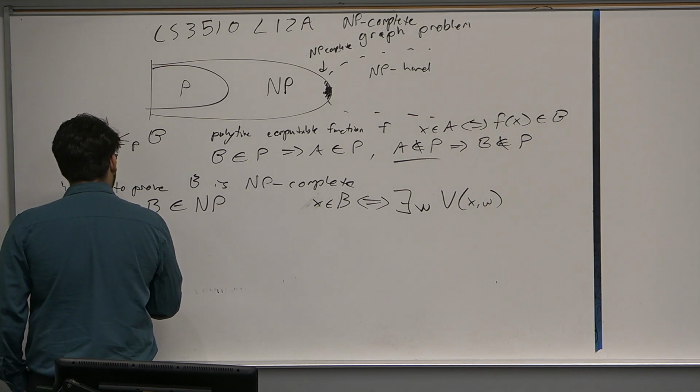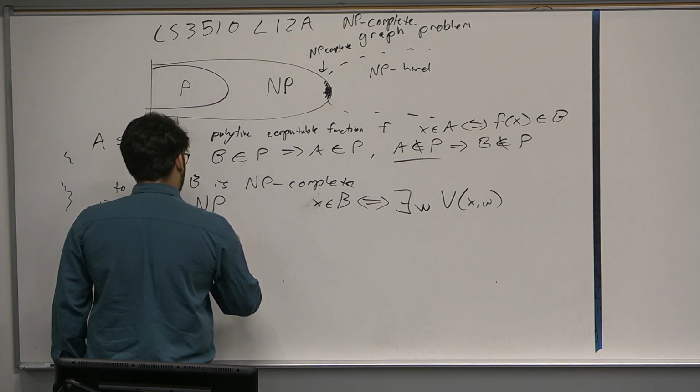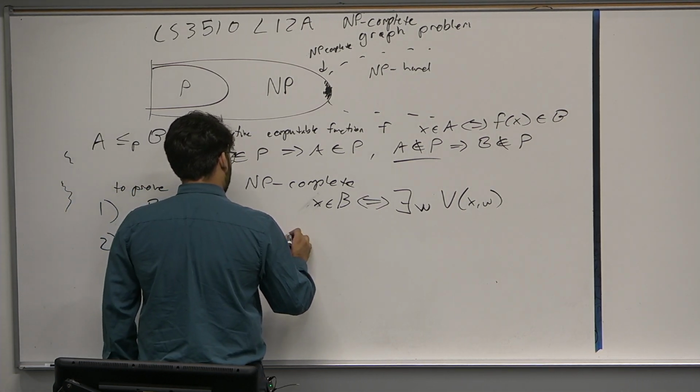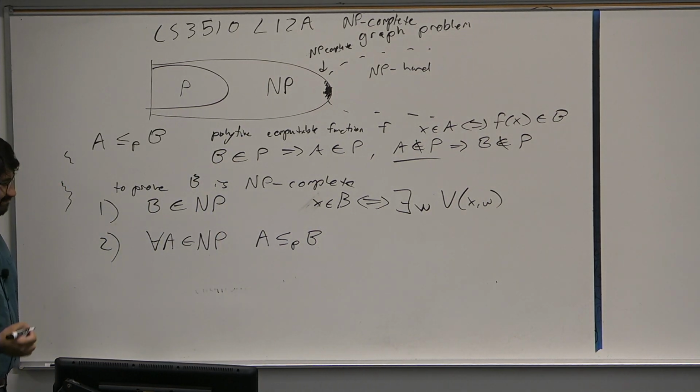Second, there's a few ways you can do this. You can say for all A in NP, there's a polynomial time reduction from A to B. This is kind of cumbersome. Two guys, Cook and Levin, did this for us already, independently.